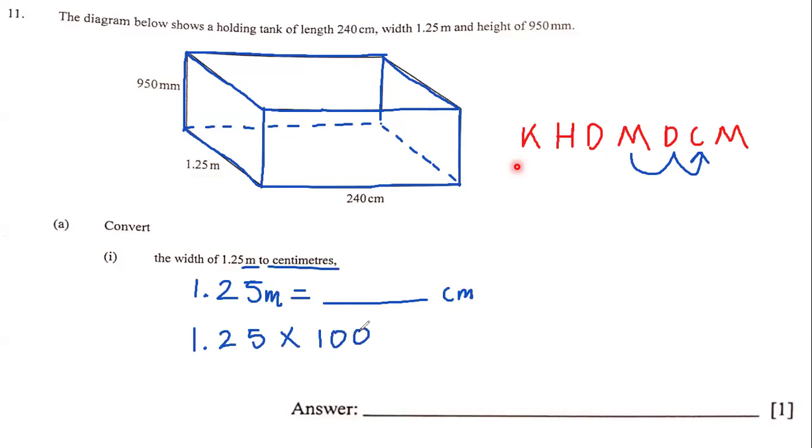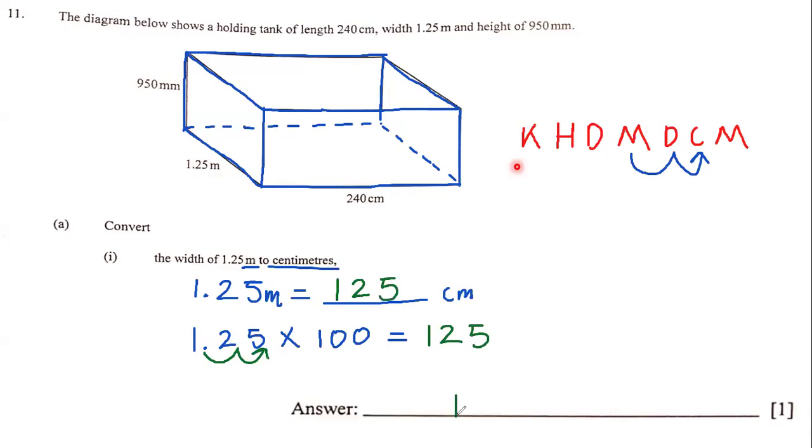And just like how I move over twice, with the symbols it's the same way. I'm going to move the decimal over twice, 1, 2. And so the answer here is 125.